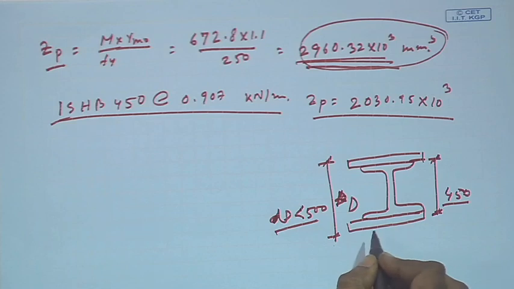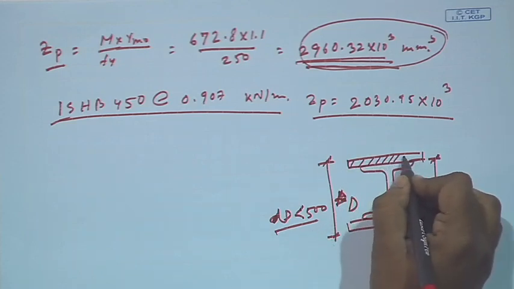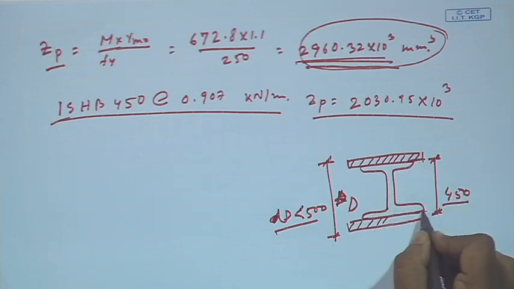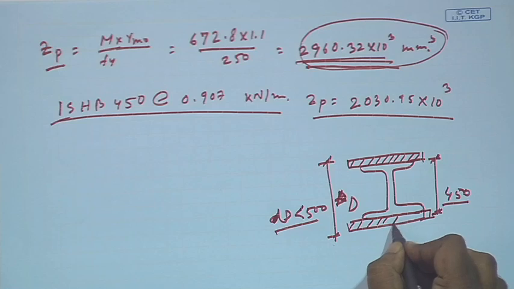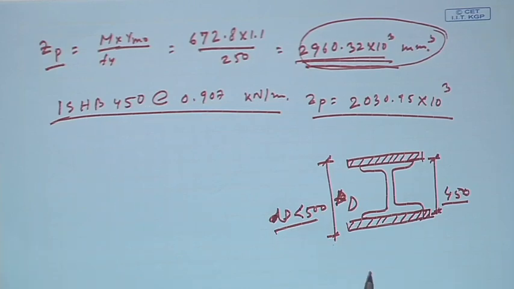So, what we have done, the I sections we have considered 450, and we are considering certain plate, so that the overall depth of the section does not go beyond 500. So, we need to know the additional plastic section modulus.